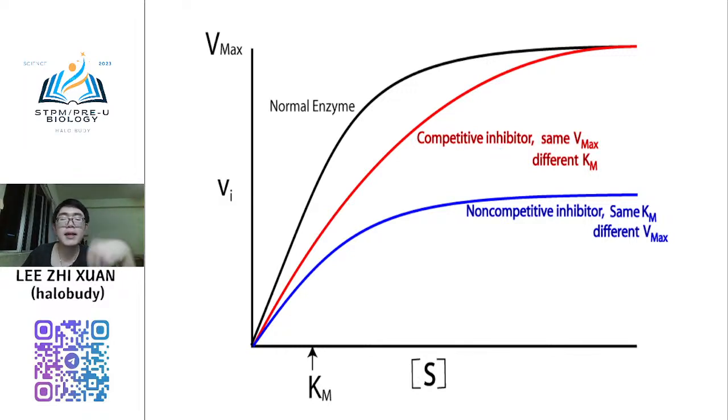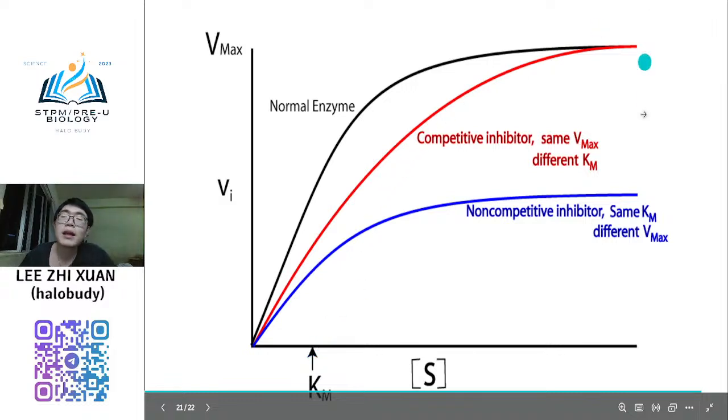If it binds, the substrate cannot bind. So the affinity between enzyme and substrate totally decreases. The concentration of enzyme that can work for the substrate is decreasing because the inhibitor already blocks the space. So the affinity between enzyme and substrate is decreased.